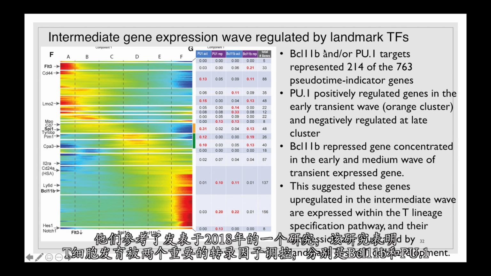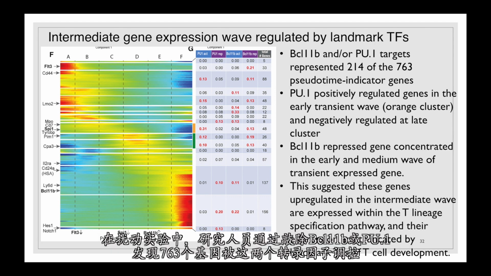Here is one study published in 2018 to find out the regulatory mechanism under BCL11B and PU.1, the transcription factors important for the T cell lineage. By perturbation experiments, that study reports 763 genes that are regulated by these two transcription factors, by knocking out either one of them.